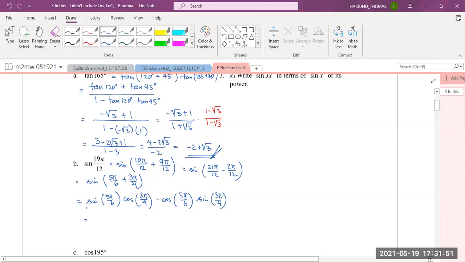Sine 5 pi over 6, that's quadrant 2, sine is positive, reference angle pi over 6, this is 1/2. Cosine 3 pi over 4 is negative radical 2 over 2, cosine is negative in quadrant 2. Minus cosine 5 pi over 6, that's negative radical 3 over 2, and sine 3 pi over 4 is radical 2 over 2. So this is radical 2 plus radical 6 over 4.